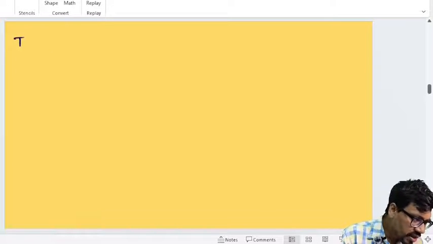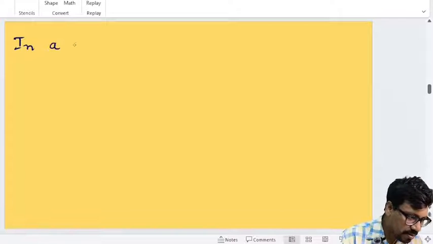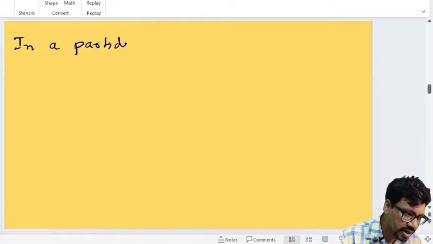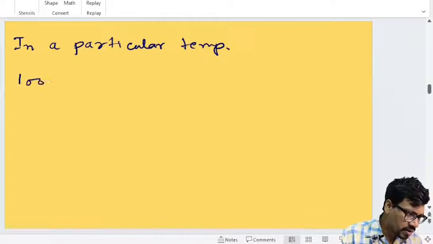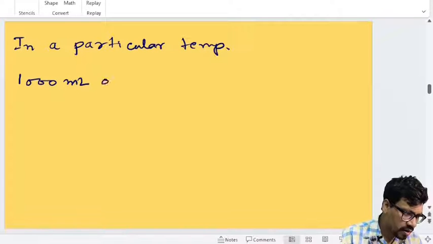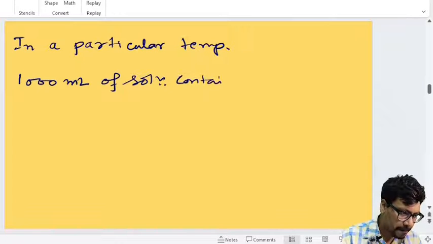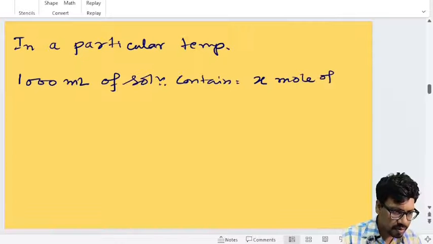Now the molarity means in a particular temperature. Particular temperature is very important. In a particular temperature, 1000 ml of solution contain X mole of solute.